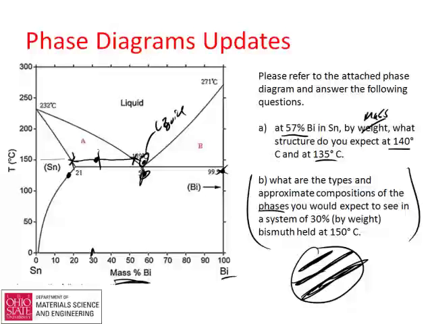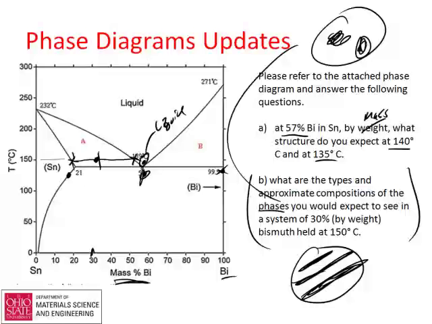And so the microstructure in part B would be these kind of tin-rich blobs in a liquid that would have this composition that's about 50-50. And there would be maybe about 2/3 solid, 1/3 liquid. And again, you can read all that stuff off of the phase diagram.